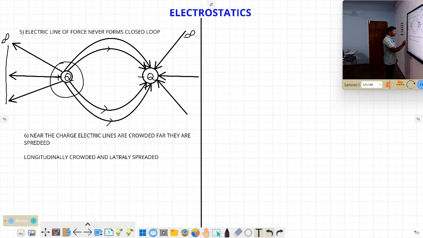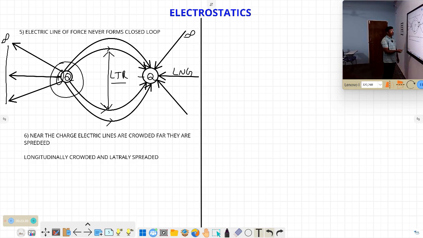We can say this in another term also: longitudinally crowded and laterally spread. Longitudinal means along the length. This is the direction where they are crowded, and this is the direction where they are spread, which is called the lateral direction. This is called the longitudinal direction. So along the longitudinal direction the electric lines of force are crowded, and along the lateral direction they are spread. This is also one of the properties.